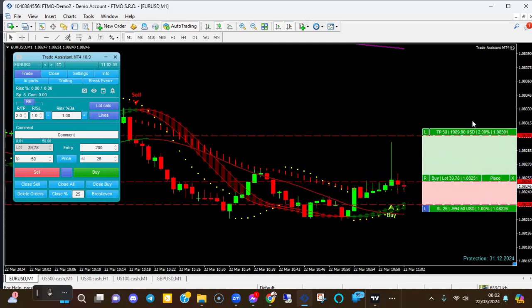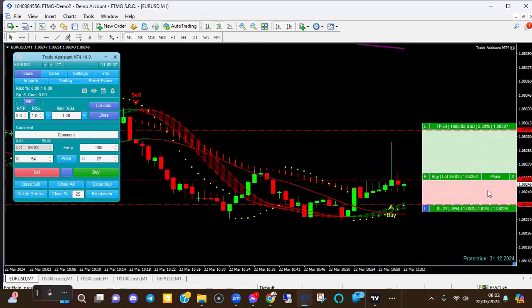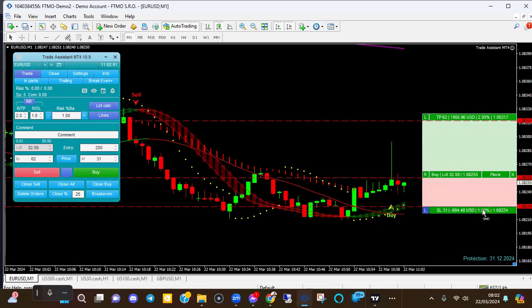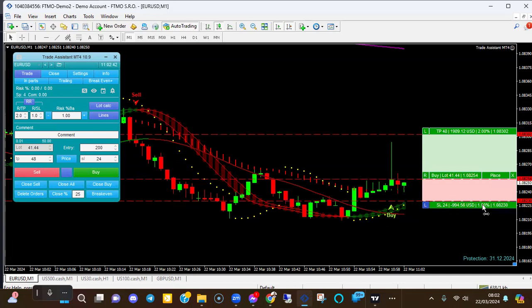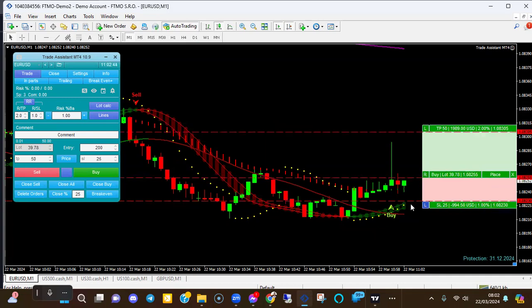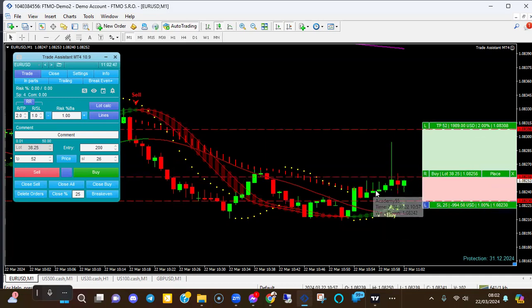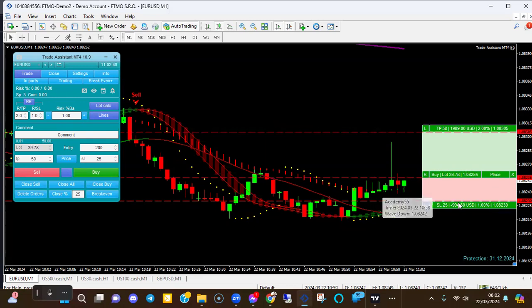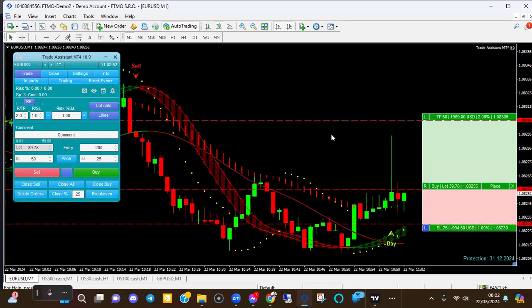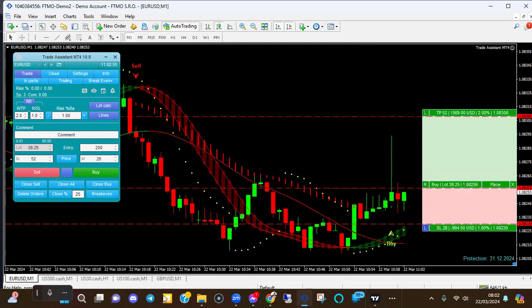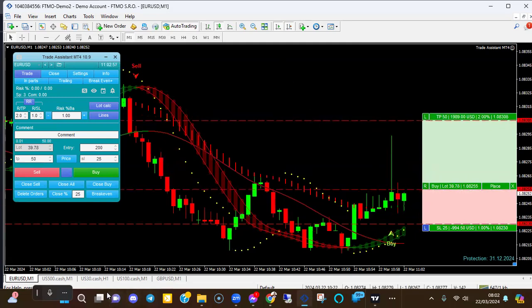And I can wait for the trend line to turn green, and then we could be in a buy trade. Stop loss would be there where the wave started to turn green.